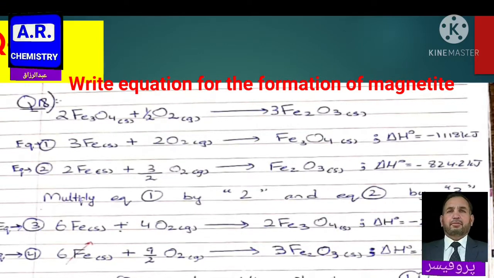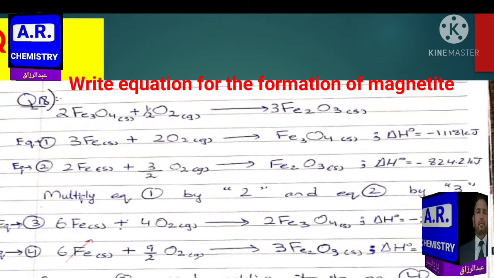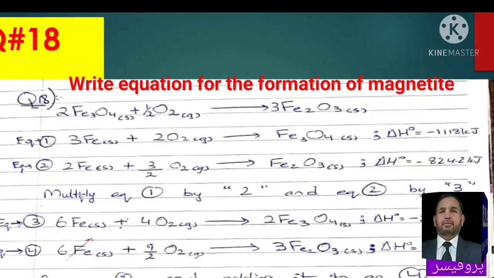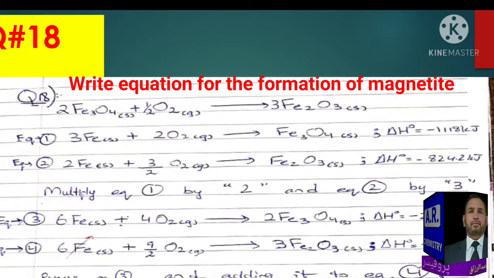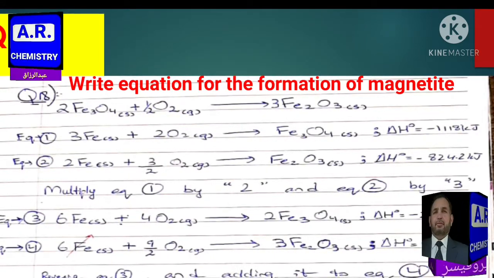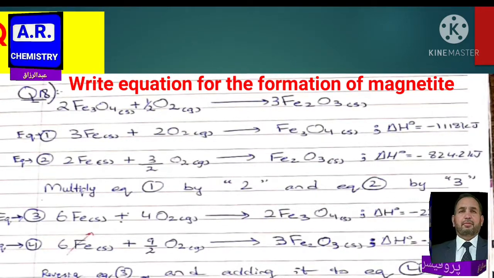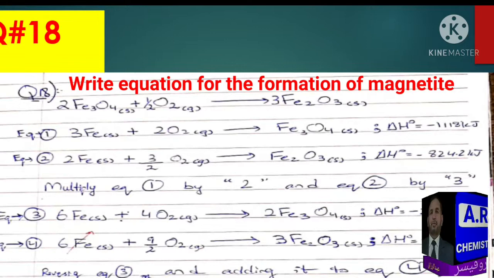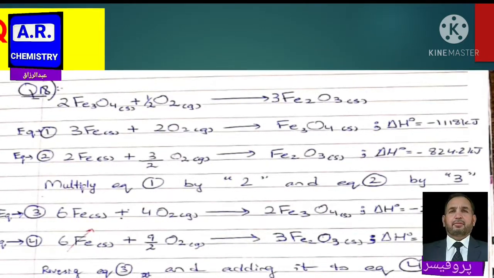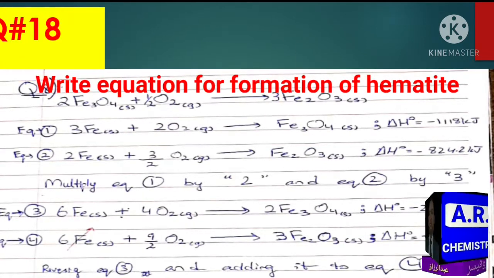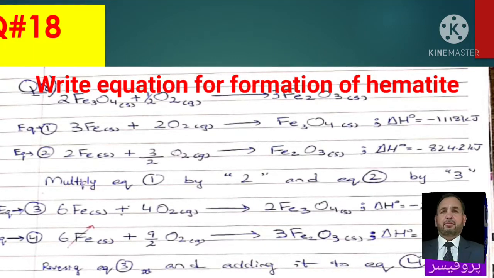On balancing, put 3 with iron, O2 with 2, and the result Fe3O4. Along with this, you are to write the enthalpy, that is enthalpy of formation, which is given in the data, or in the question, or in the book.